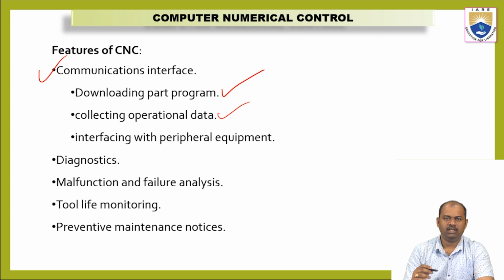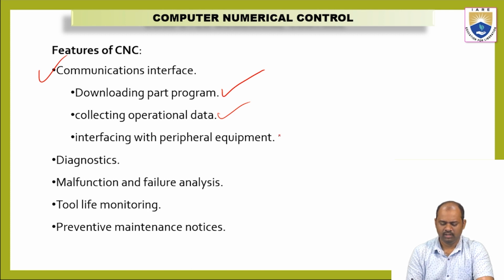So these operational data, speed, feed, etc., can be collected automatically by the CNC system. You don't have to put a separate machine or device to measure this data. The CNC machine itself can do this automatically.